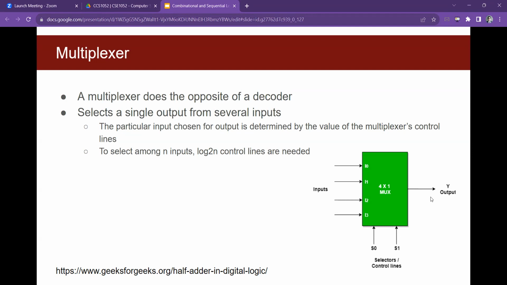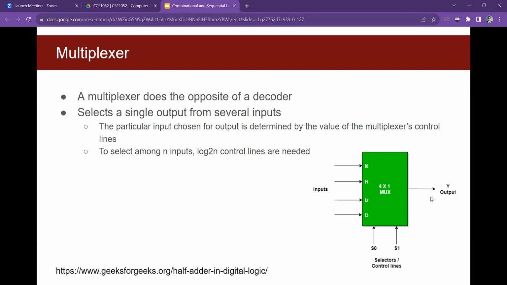So it means it does the opposite of the decoder. That means select a single output from several inputs. There are so many inputs and it will only select one input according to the control line. So if there are n inputs, that means 4 inputs, log to the power n control lines are needed.